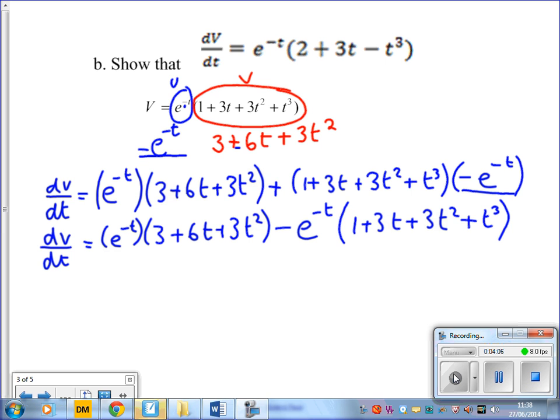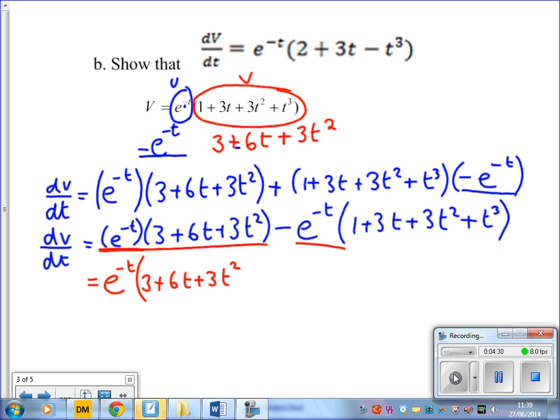Looking at this now, I can see I've got e to the minus t in both of these terms. So I'm going to take that out as a factor, e to the minus t. From this first term then, I'm left with 3 plus 6t plus 3t squared.